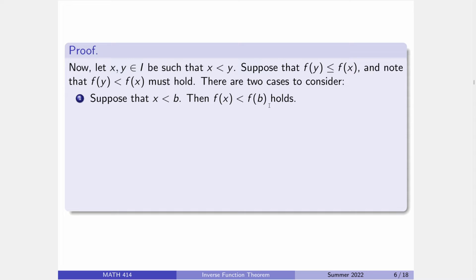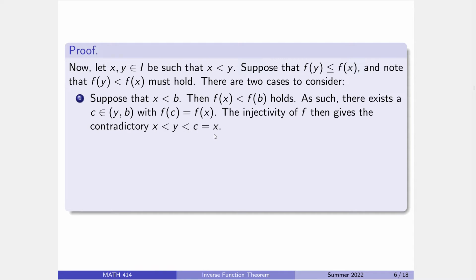So we know that that holds, but now what's true? f of y is strictly less than f of x, which is strictly less than f of b, so there's some point c between y and b so that f of x is equal to f of c, but then injectivity gives me that x equals c, which is beyond y. But x is less than y, so we get a contradiction.